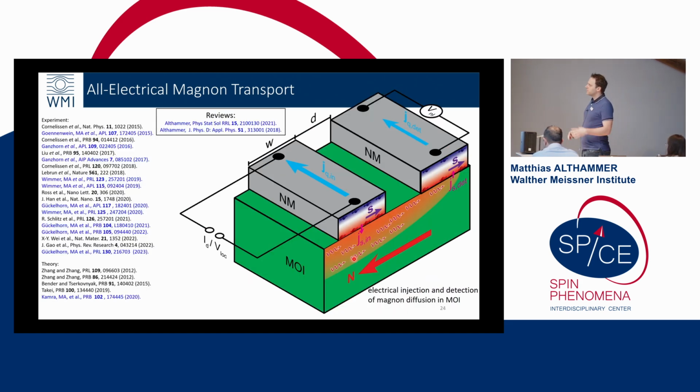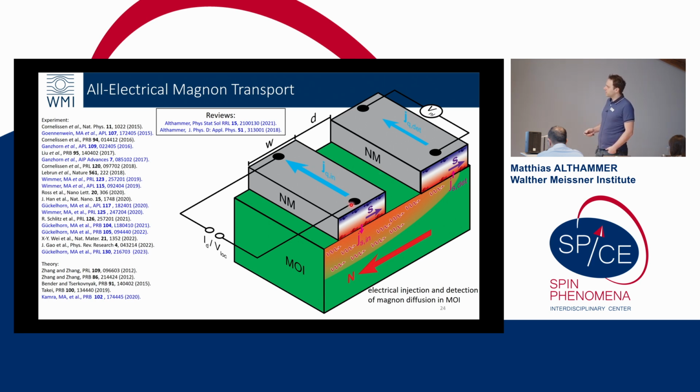If you now generate a structure where you have two platinum electrodes sitting at this spot and over there, with typical dimensions of a couple of 100 nanometers in width and something like 50 to 100 microns in length, and then a separation that is of the order of a micron, you can then work with these magnon transport experiments.